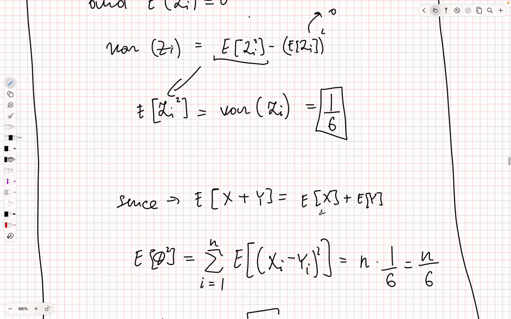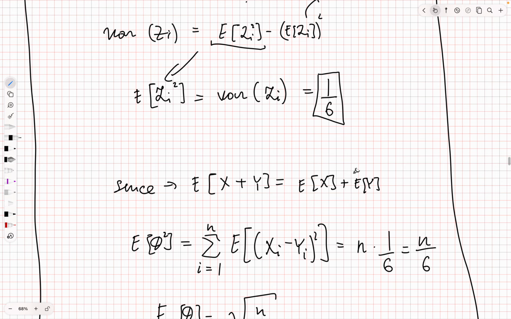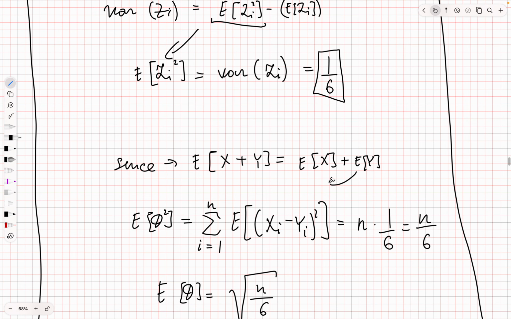And then again, we have this property that for independent random variables x and y, the expected value of x plus y is equal to the expected value of x plus the expected value of y. And then we'll just apply it here.